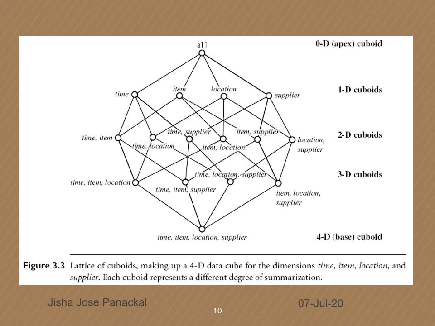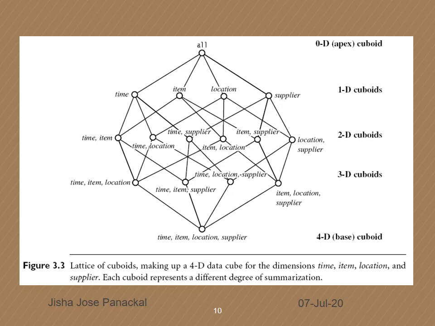So that is the 3D cuboids, and we can see it again as 2-dimensional summarization. For example, time, item, location can again be considered as time, item; time, location; and item, location as the subsets. So this is the level of 2 dimensions.